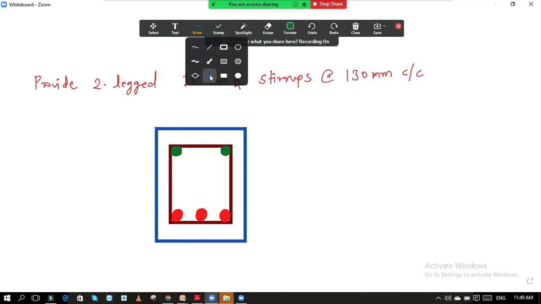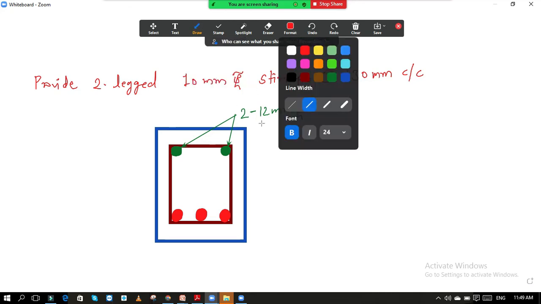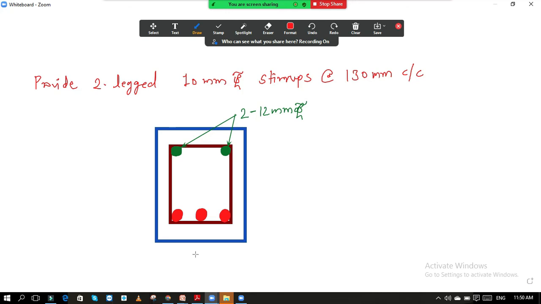Now if you name this, these are the two bars of 12 mm diameter, then these are the three bars.